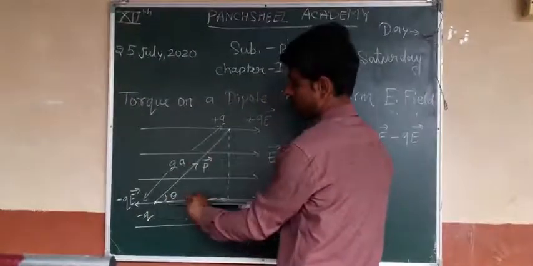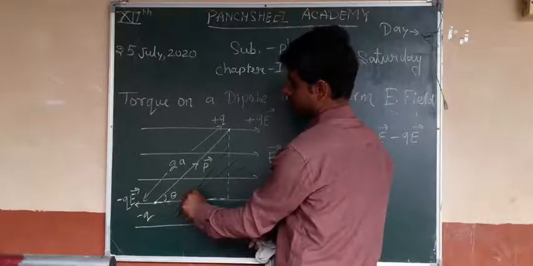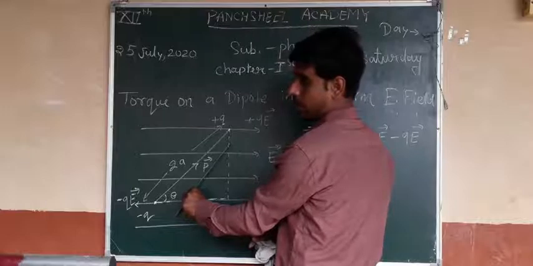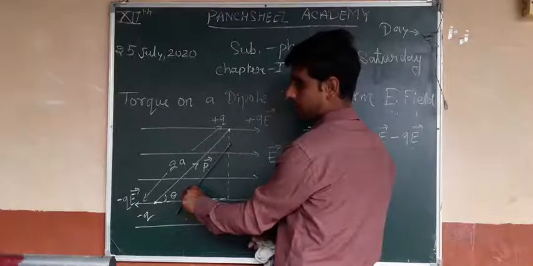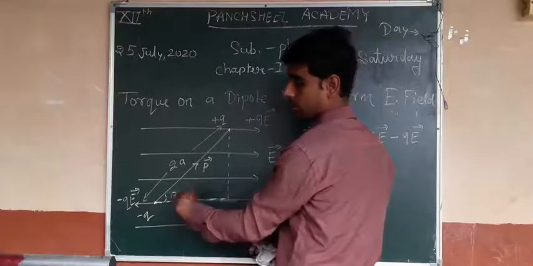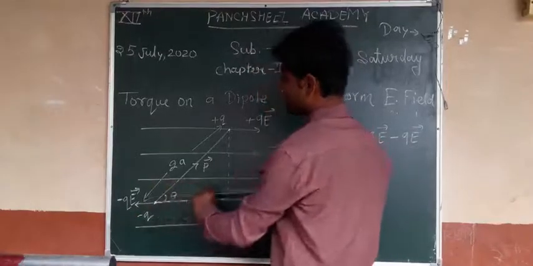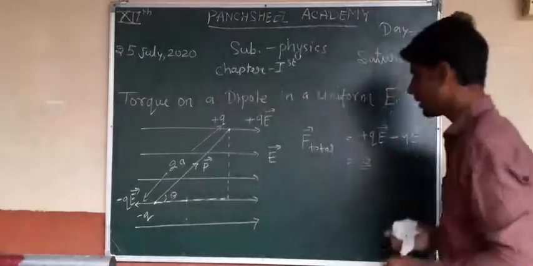This is the stable position, and if we tilt this dipole at a particular angle theta, then this is the unstable position, and it always tries to regain its original position. So this is the stable position and this is some unstable position.